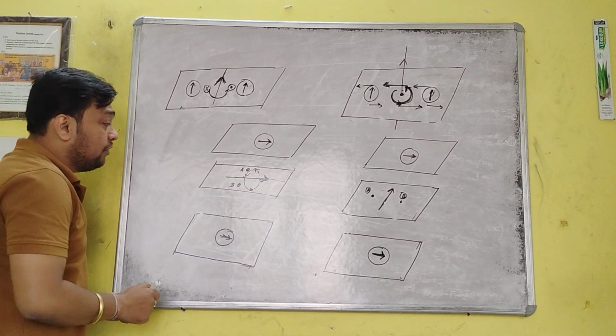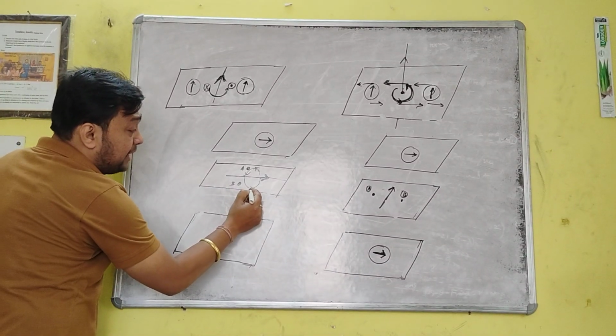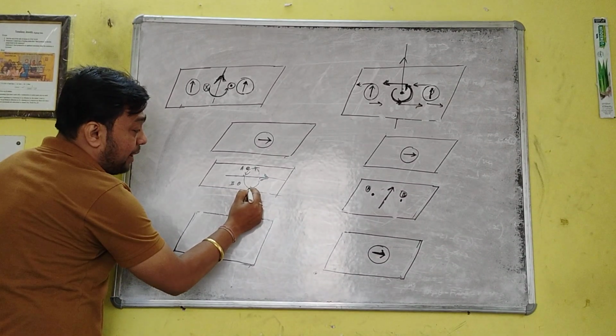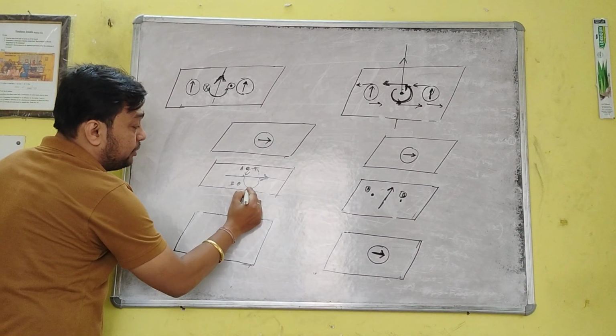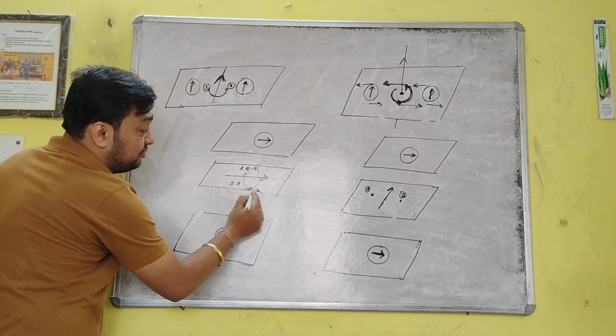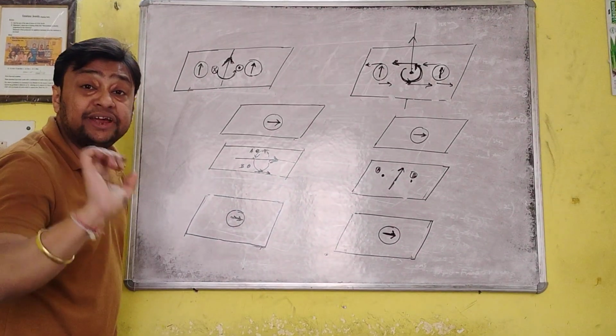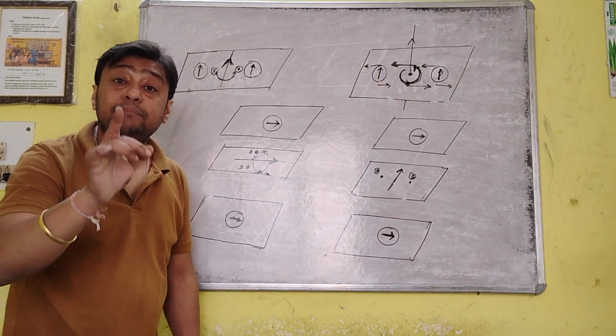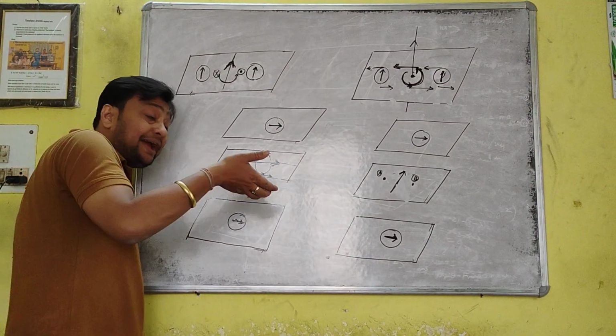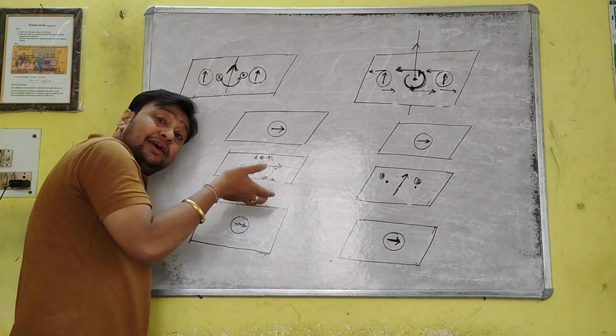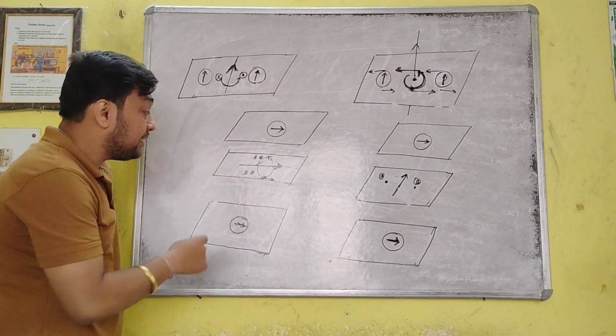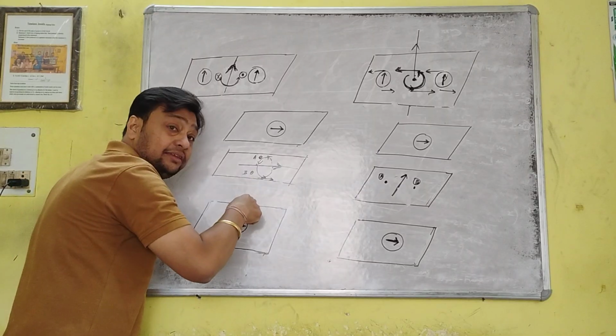Now, if I draw a tangent at a point below, this tangent actually is according to the direction of the magnetic field. So below, the magnetic field is going in, so that means the tangent is also going in.